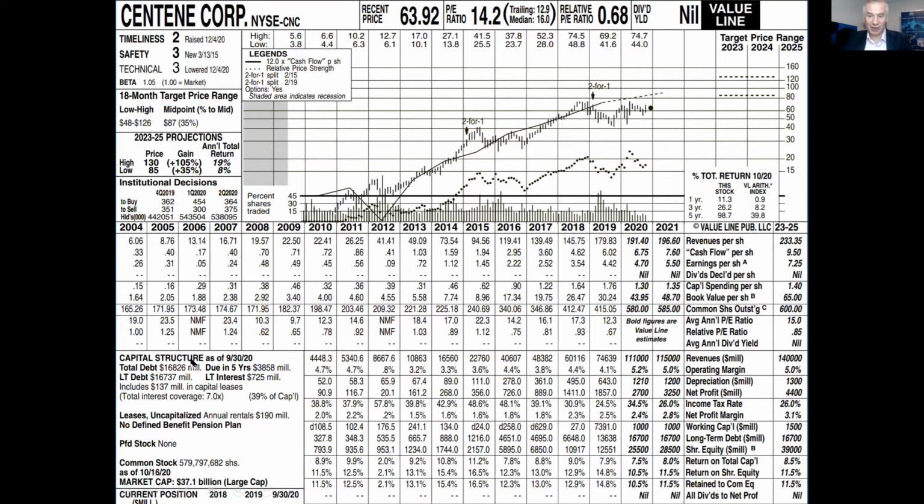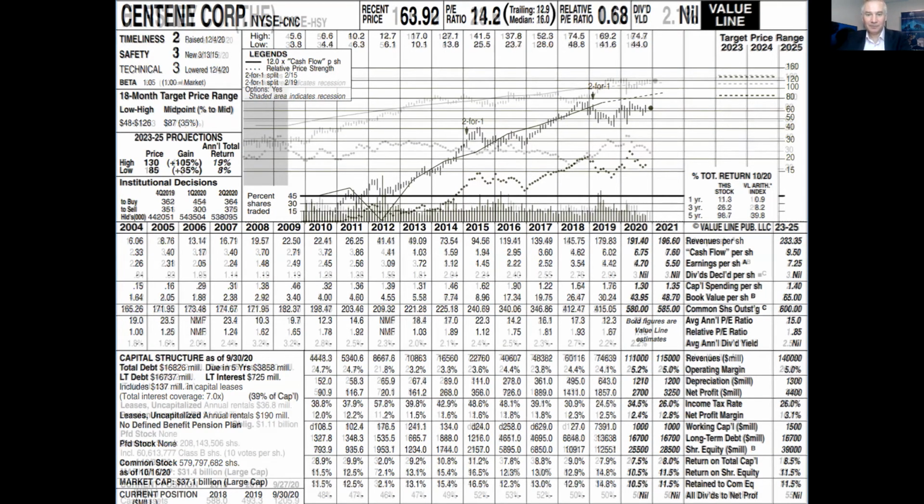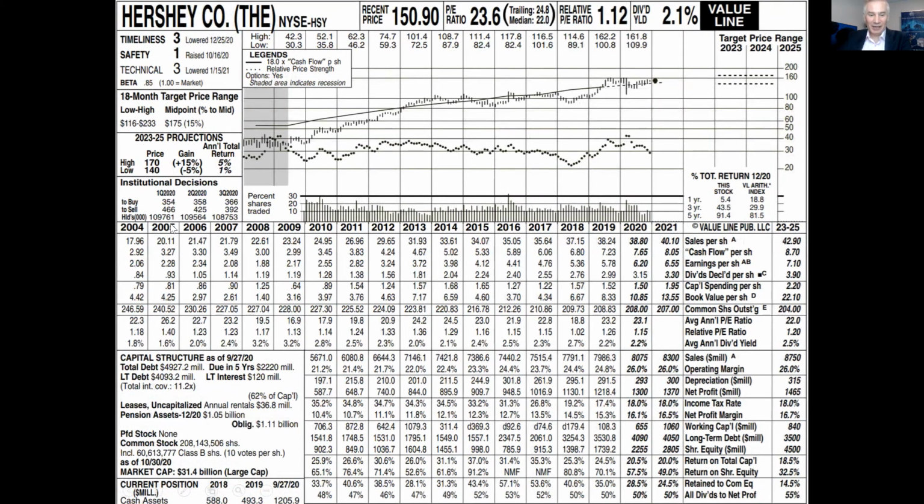And this is the cash flow: you see cash flow is higher than earnings. And the third company, Hershey. Look at Hershey: $17 a share sales level here and $38 here, so doubled. The profit was $2 a share, now $6 a share, tripled.